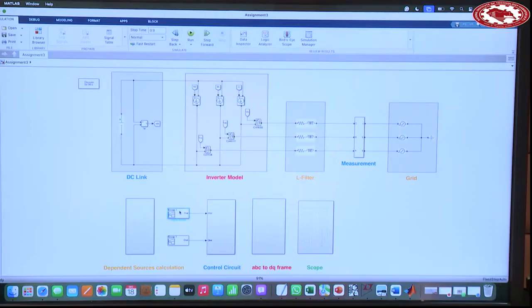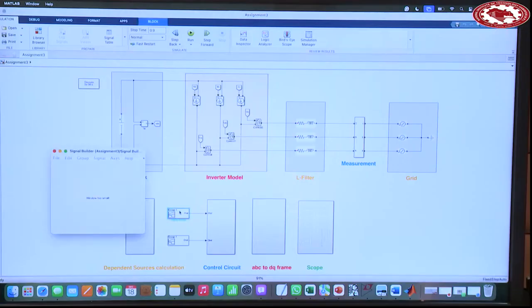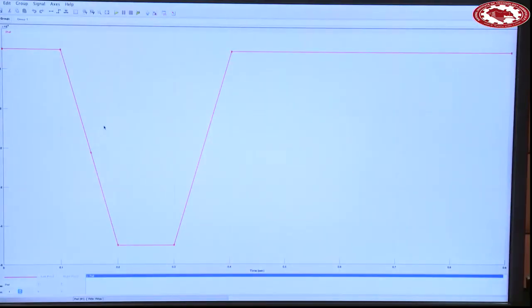I have given a random command for Pref, Qref. It should be 50 kilowatt initially up to 0.1. Then it will reduce to minus 50 kilowatt, then it will again go to 50 kilowatt, then it will stay there.